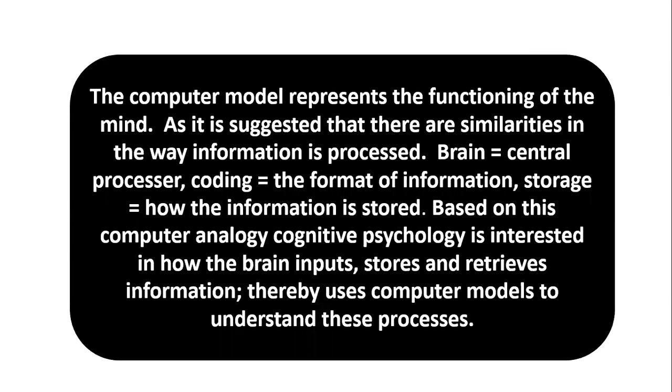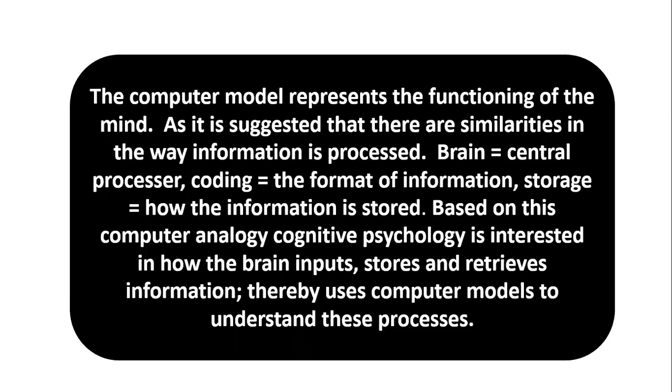Now, the computer model. When the computer started coming in the 1950s and 60s, cognitive psychologists saw a clear link. And they can use the computer model as an analogy that actually kind of represents the way we think. So the computer model represents the functioning of the mind, as it is suggested that there are similarities in the way information is processed.